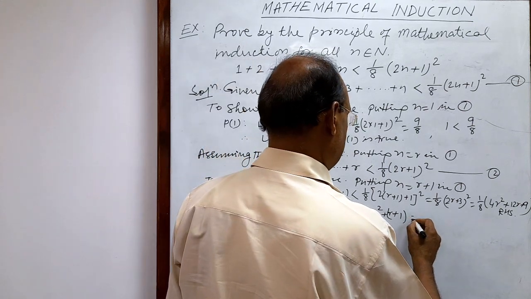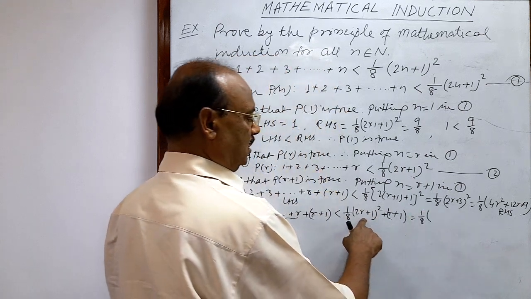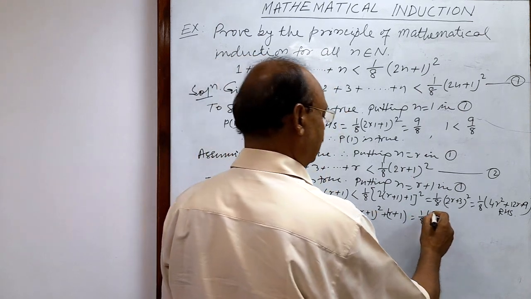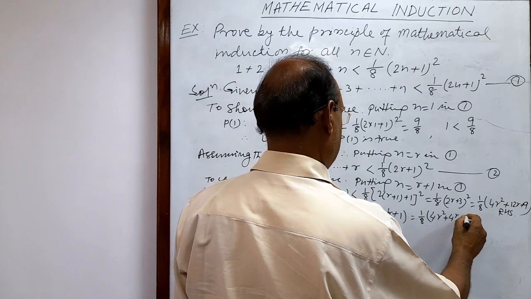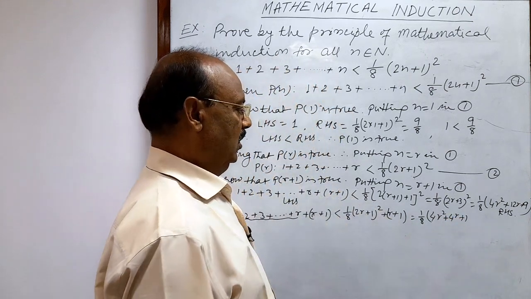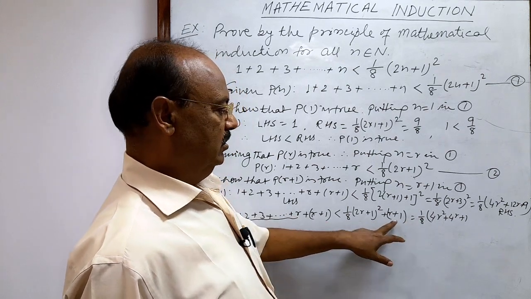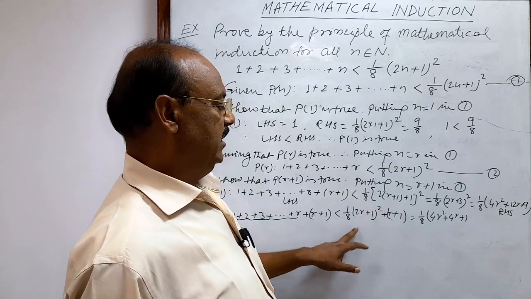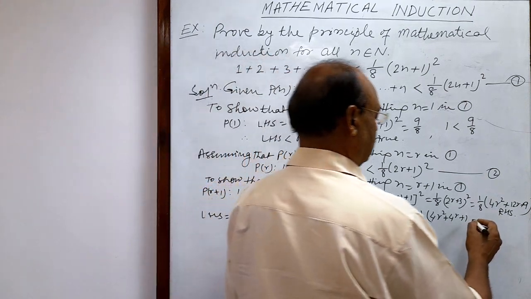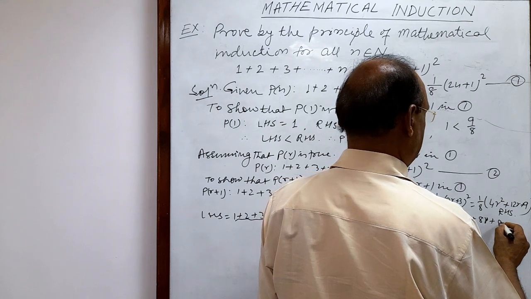So this is equal to 1 by 8, (2r plus 1) whole square, which is 4r square plus 4r plus 1. And here after taking LCM, the LCM will be 8, so the term r plus 1 will be multiplied with this LCM 8, and we will get 8r plus 8. So plus 8r plus 8.